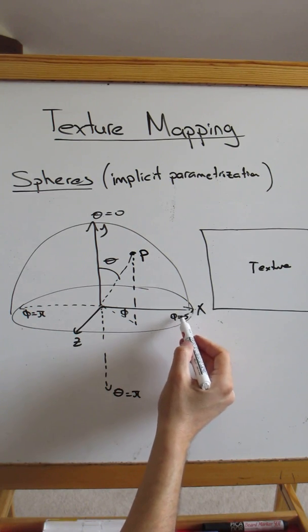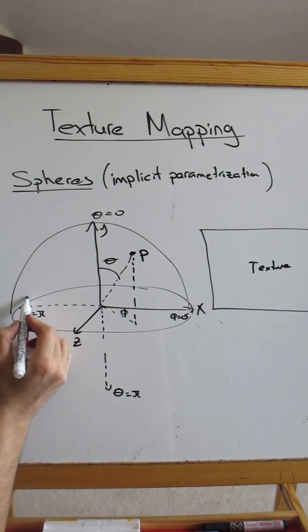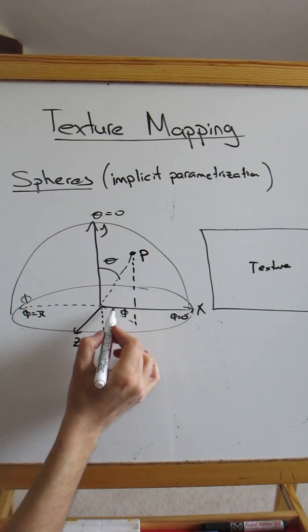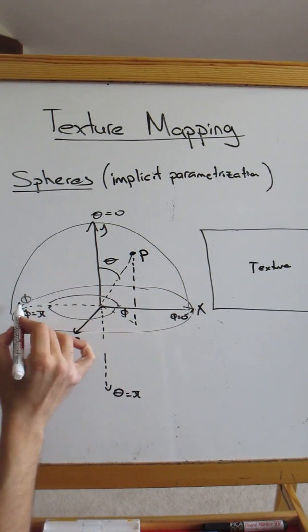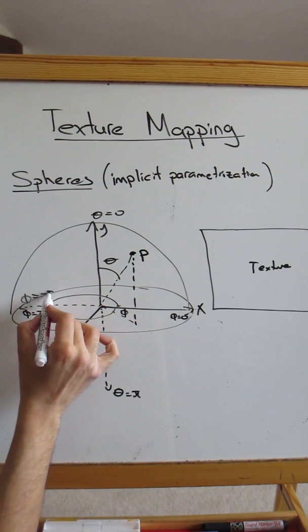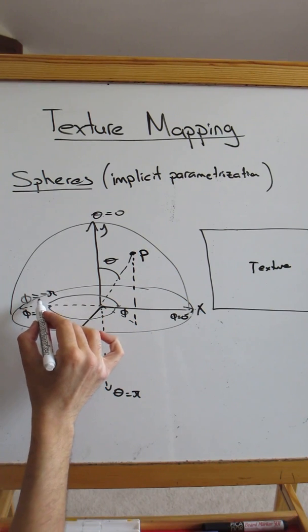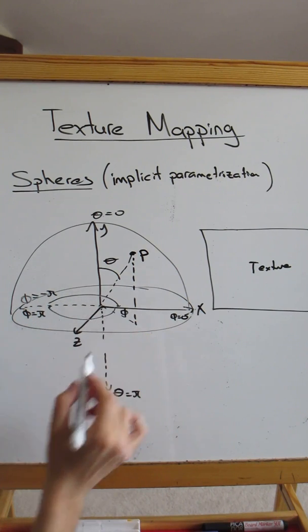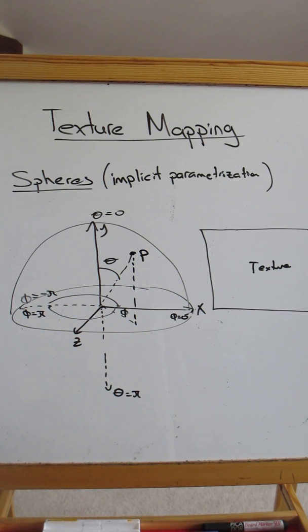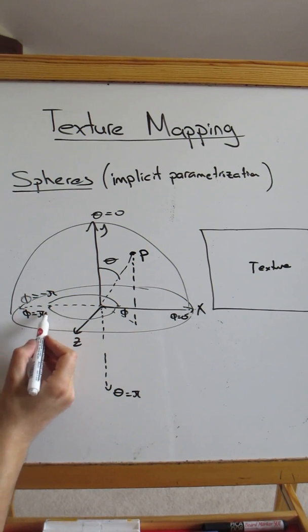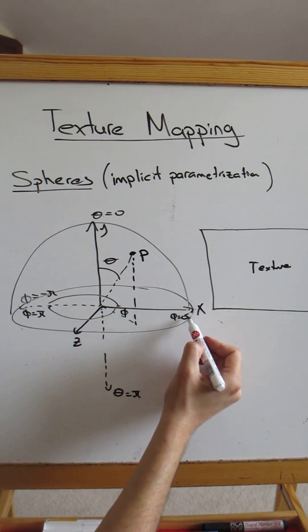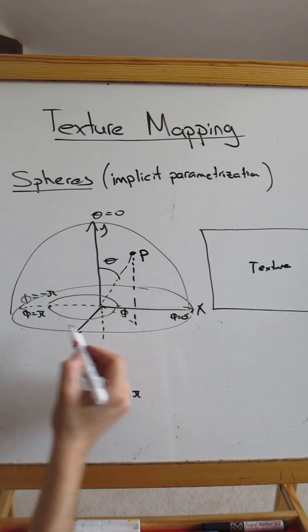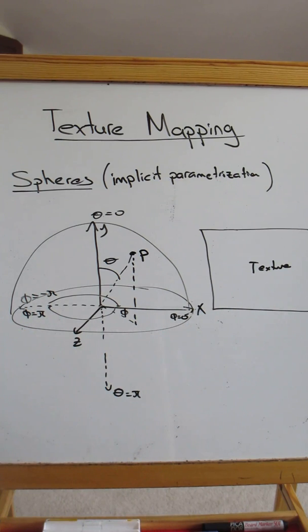If this is 0, this is pi, then when you transition from here, phi becomes minus pi, and then from minus pi, you go back up to 0. So in these math libraries, instead of having the discontinuity at 2 pi and 0, the discontinuity is introduced here, from pi to minus pi.